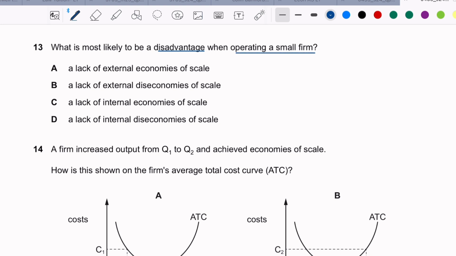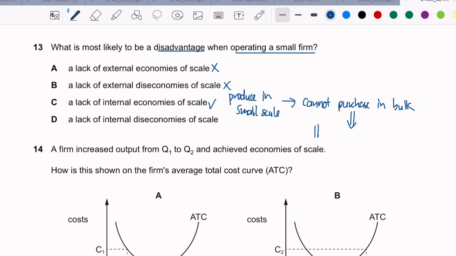Okay. A lack of external economies of scale. Not really. A lack of external economies of scale. No. A lack of internal economies of scale. This is correct. Why? Because small firms produce on a small scale, so they cannot purchase in bulk, so they have higher average costs. So C is the answer.